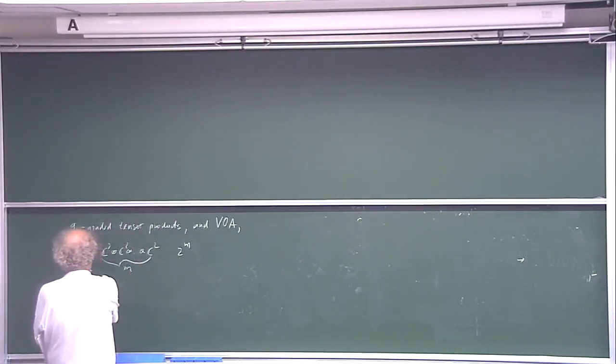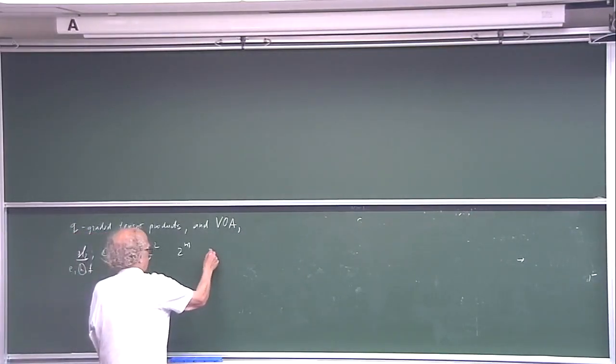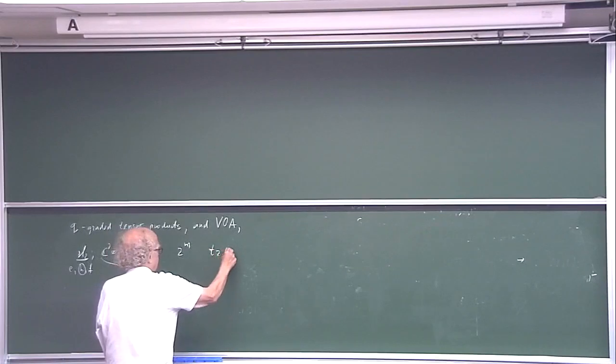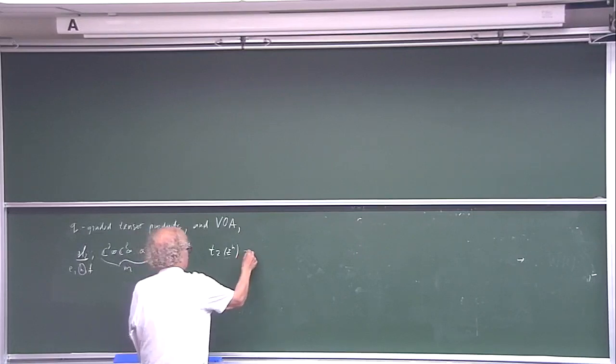And the character of this, so it means that if I take the trace of z to the power h on this tensor product, what will it be?